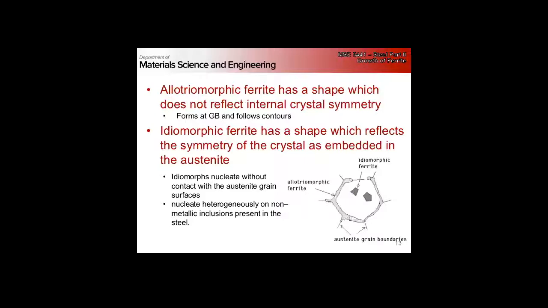It nucleates from non-metallic inclusions that are present in the steel, but it adopts a faceted shape, right? That's representative of the crystal, right? So the edges of the idiomorphic ferrite are low energy crystal growth directions, right?